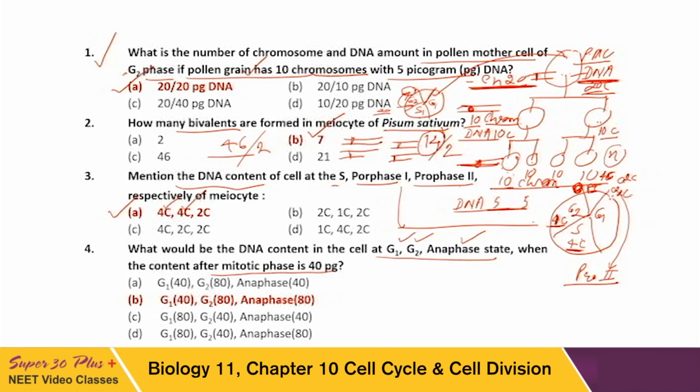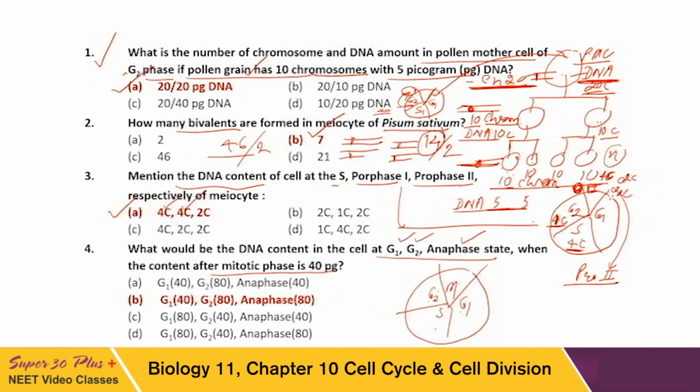See again here, this is the cell cycle, and this one is the M phase. In G1, the amount of DNA, in S the amount of DNA will be double of this, and that will be here. That is G1, G2. Can you compare G1 and G2? The amount of DNA will be double in G2 as compared to G1.